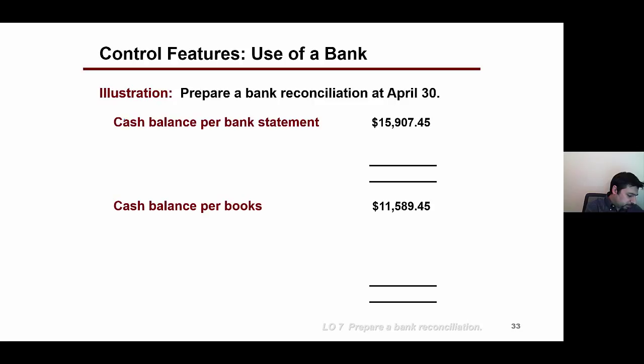So we start with cash balance and we add deposits in transit. We subtract outstanding checks, and we fix errors.